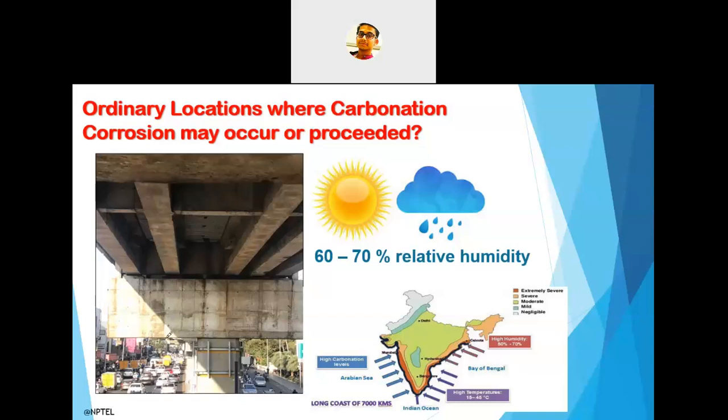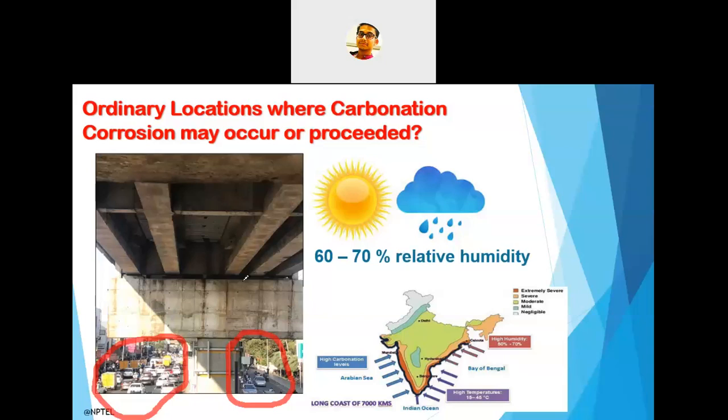This is a flyover of a metro city. In this place, the local concentration of carbon dioxide is much more. The carbon dioxide will diffuse into the atmosphere, but locally the concentration here is more. So these types of structures may also suffer from carbonation-induced corrosion.